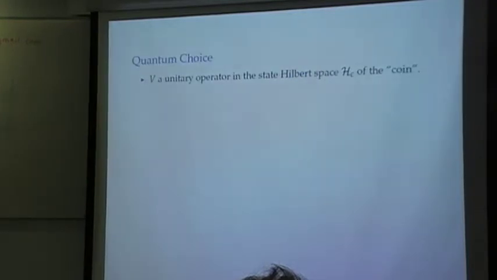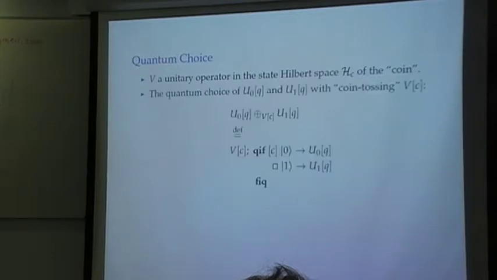We can go one step further to define this quantum choice. Now suppose we have a unitary operator U on this quantum coin, in the state space of the quantum coin.